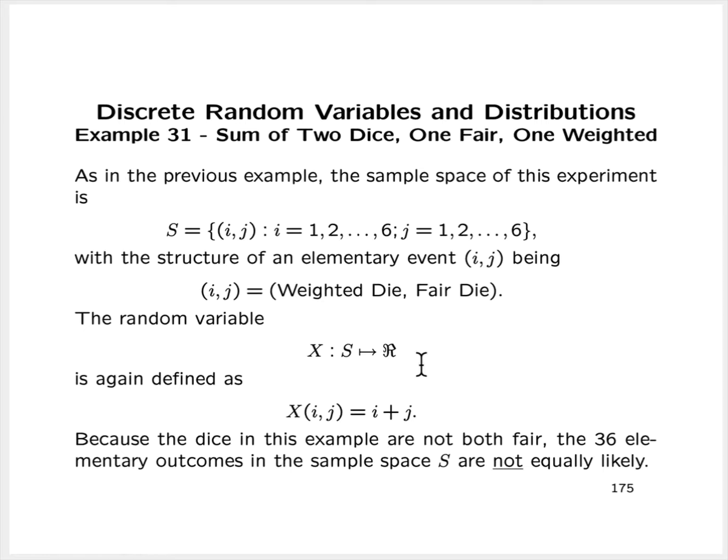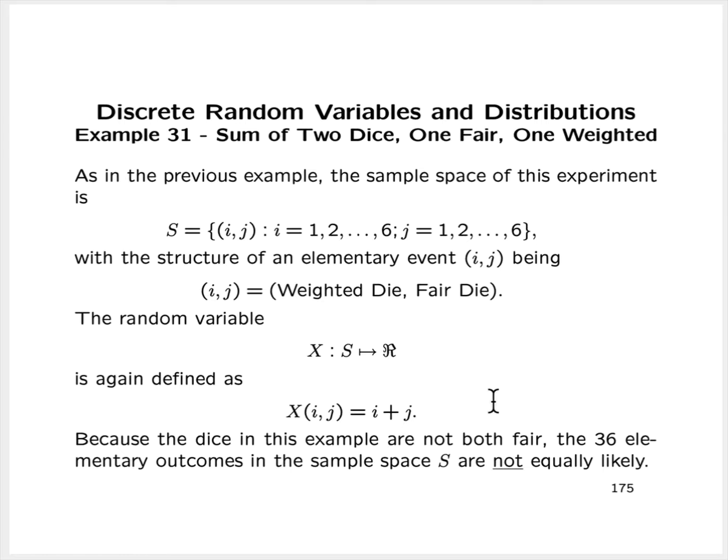Then the random variable x maps this sample space S into the real line in the following way. The random variable applied to an elementary outcome, (i, j), is the sum of the two coordinates, i plus j. So it's the sum of the value obtained on the weighted die and the value obtained on the fair die.